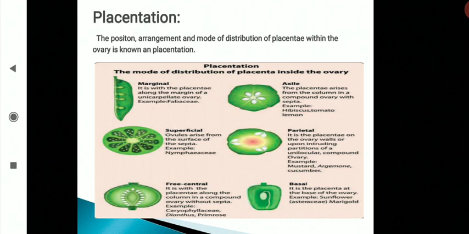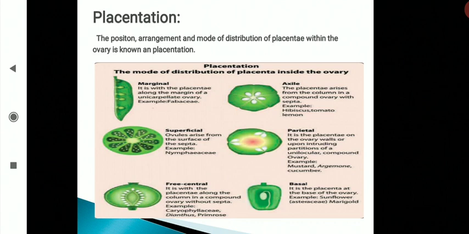Because the function of placentation is to transfer nutrients, respiratory gases and water from maternal tissue to the growing embryos, and in some instances to remove waste from the embryos also. The location of placenta is an important taxonomic character and tends to be characteristic of plant families or parts of plant families.